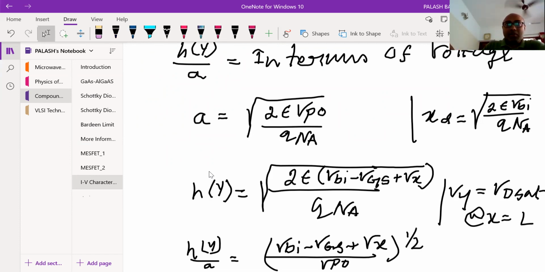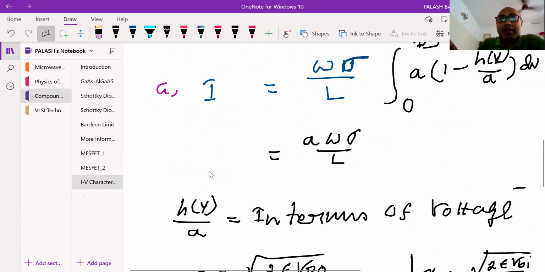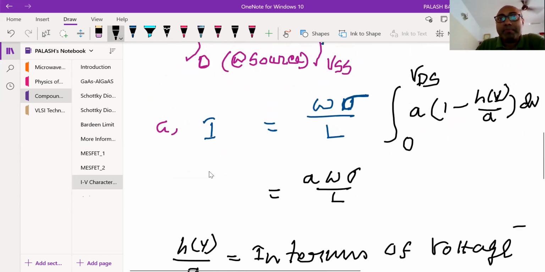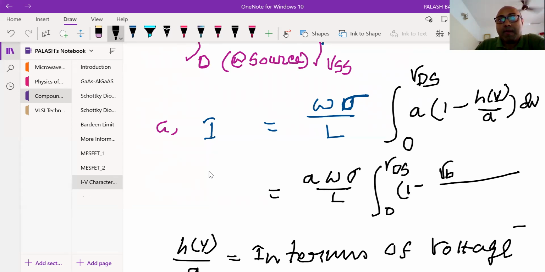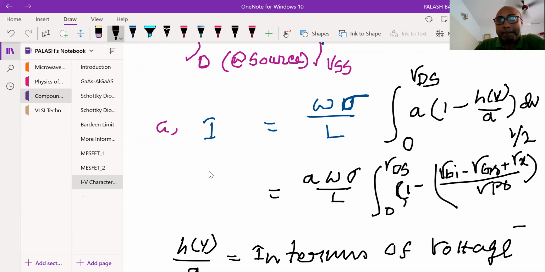This is Hy by A. Now we put this value over here, integrating from 0 to Vds, 1 minus the square root of (Vbi minus Vgs plus Vx) over Vp0, but unfortunately this is having a half power, into dV.